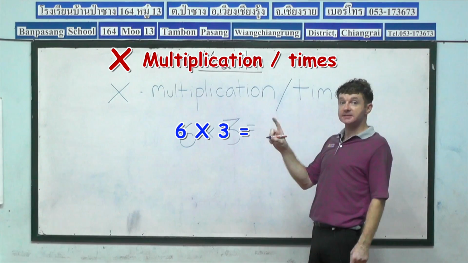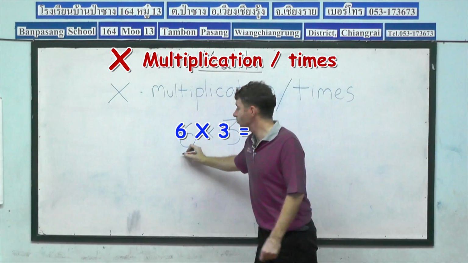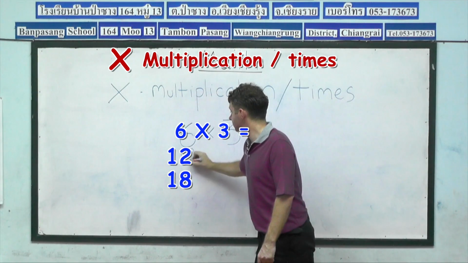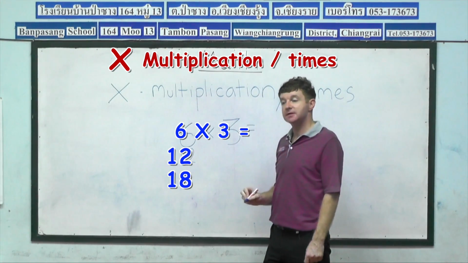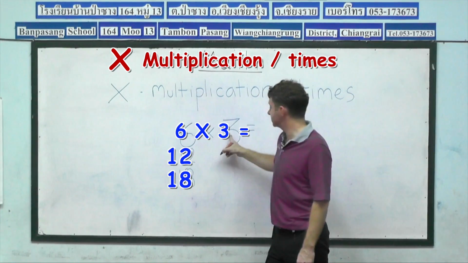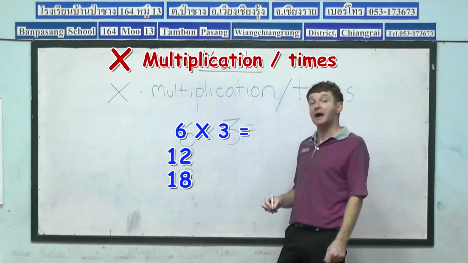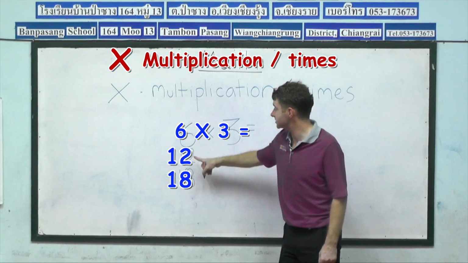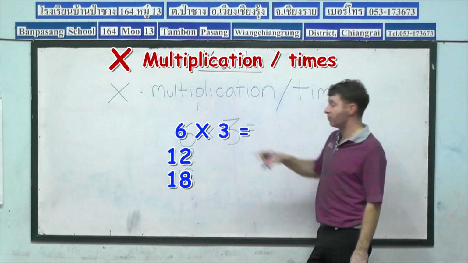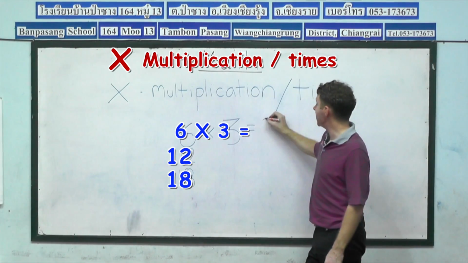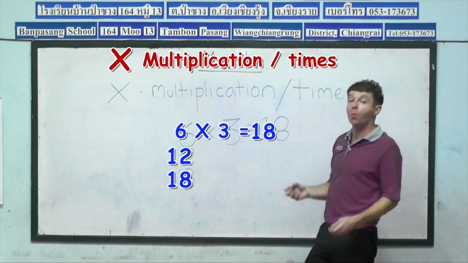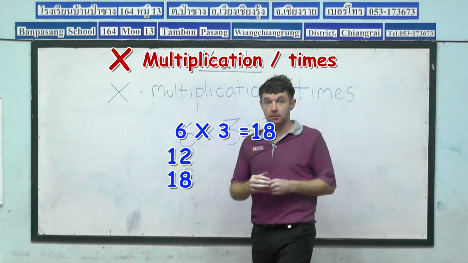So 1 6 is 6. 2 6s, 12. 3 6s, 18. You see? We just times the 6s by the number of numbers we have to multiply. 6, 12, 18. So 6 times 3 equals 18. And this is the very basic way in which we multiply numbers.